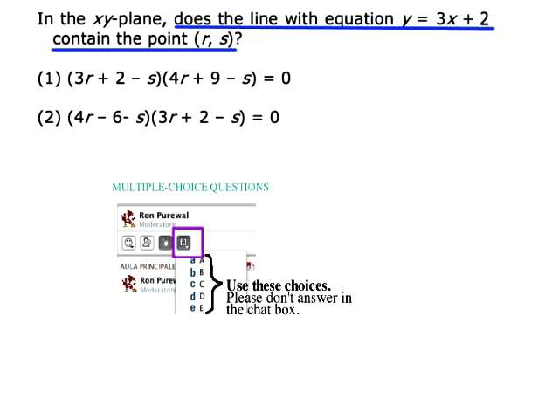If these are all variables, it's a little bit weird. But if I said, does the line y equals 5x minus 11 contain the point (3, 3), how would you test that?